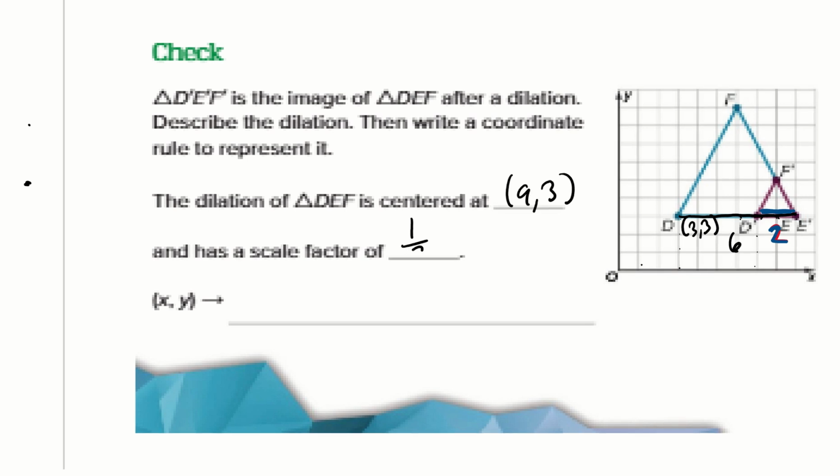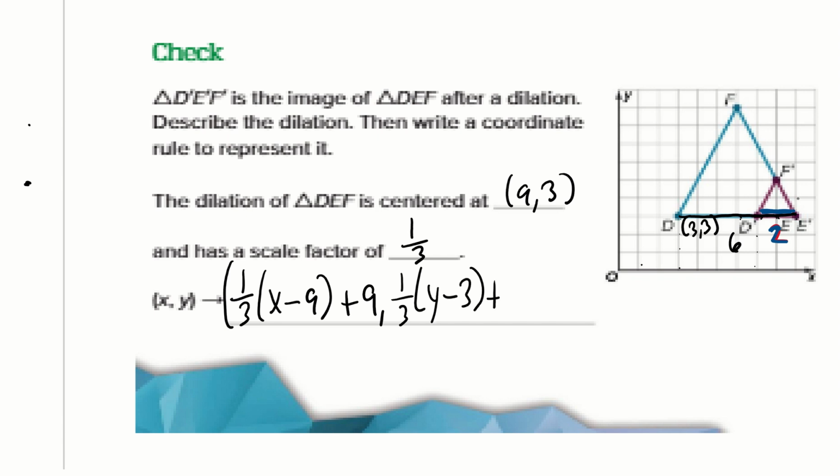Scale factor is 1/3. And if you plug it into the formula, remember it's scale factor times x minus a, but a is 9, plus a, which is 9, and then 1/3 times y minus b, which is 3, plus b, which is 3.